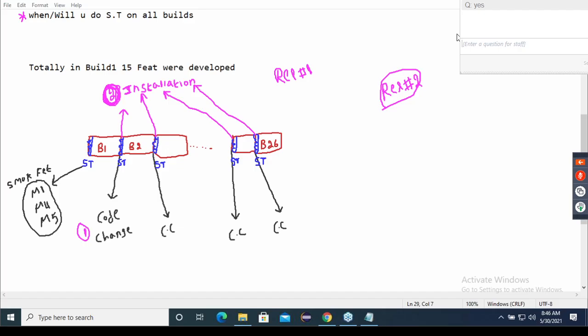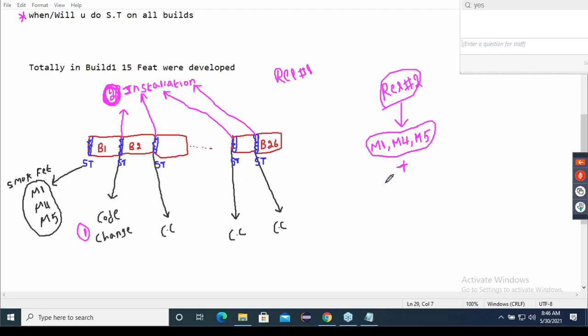Everyone is saying the same. Boss, in release 2 also, M1 will be a smoke feature, M4 will also be a smoke feature, and M5 will also be a smoke feature. These M1, M4, M5 will be the same smoke features only, because are you deleting them? No.